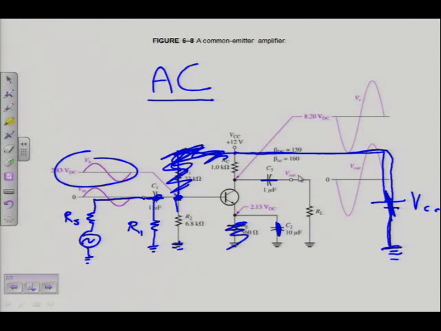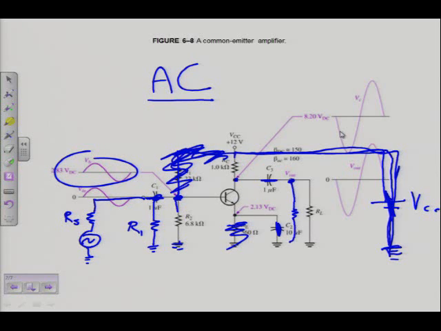Then from the capacitor, I can see via the short of C3, I've got RL, but also RC via this short through the supply, also connected to ground. Now, to simplify it, I can also draw it here. There's the collector.